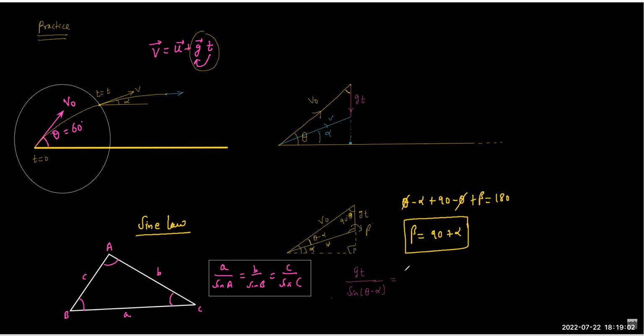And this must be equal to, let's say, V naught upon which angle? What is the angle in front of side V naught? Can you tell me by looking at the diagram? Sir, beta. Yeah. So what is beta, by the way? Beta here is 90 plus alpha. Very good. So can we write here sine 90 plus alpha?